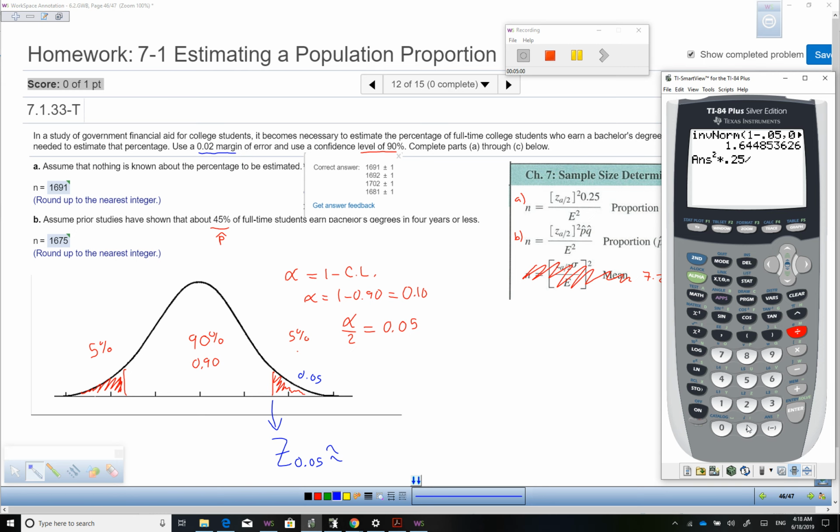Divide this by the margin of error to the second power. So we press enter, and we always round up. Okay, we always go to the next whole number.